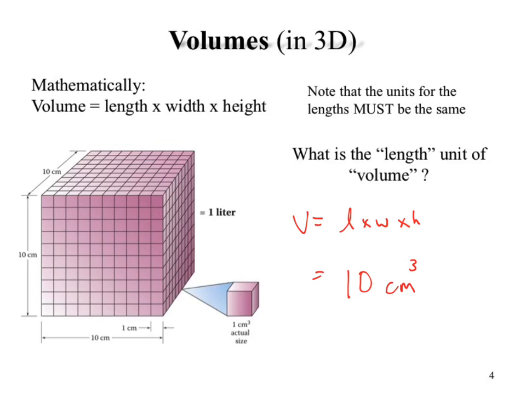This is where it's helpful to actually write out each step instead of saying, well, I'm just going to throw a cubed in there and fix it. Because that cubed is not applying to just the centimeters. What is the length? 10 centimeters. What is the width? 10 centimeters. What's the other one? Height. When I enter that into the calculator, that is 10 times 10 times 10, which is 1,000 centimeters cubed.